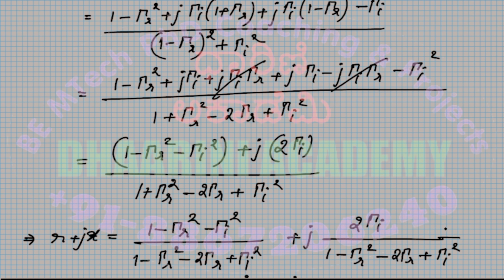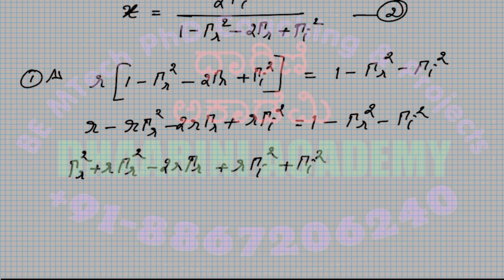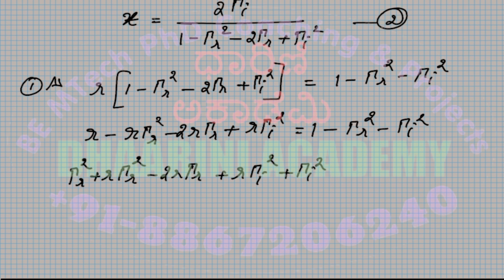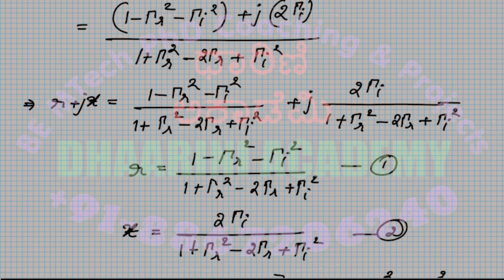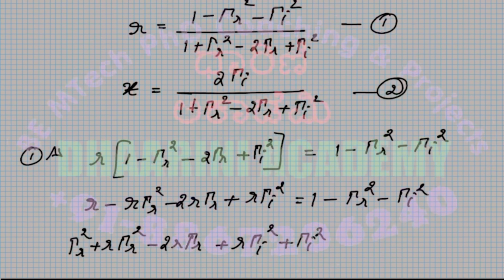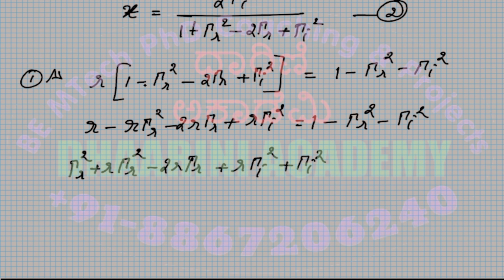I think I carried the same error throughout, so let me correct. This is 1 plus, this is 1 plus, 1 plus, 1 plus. So this is plus, and now we have the right answer.